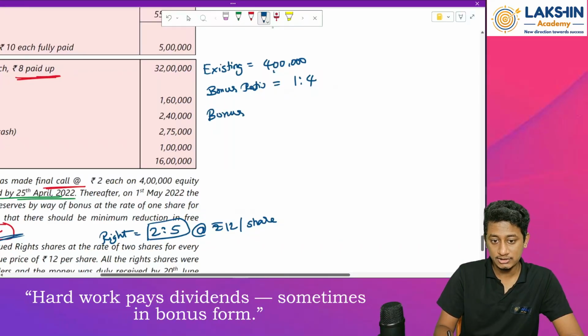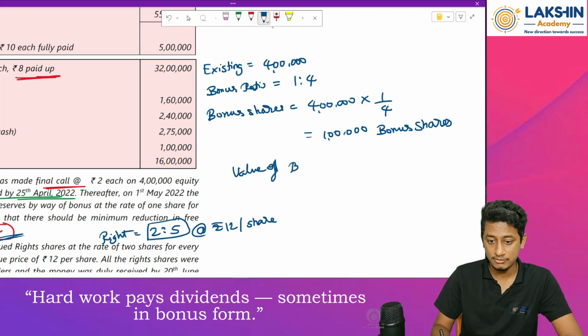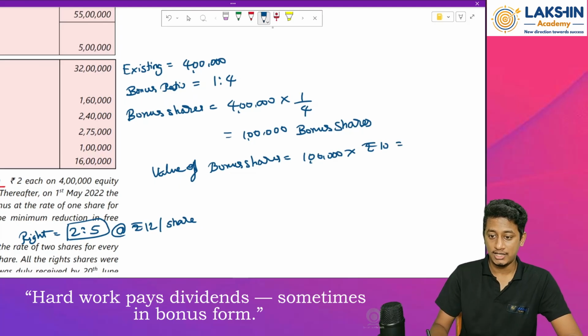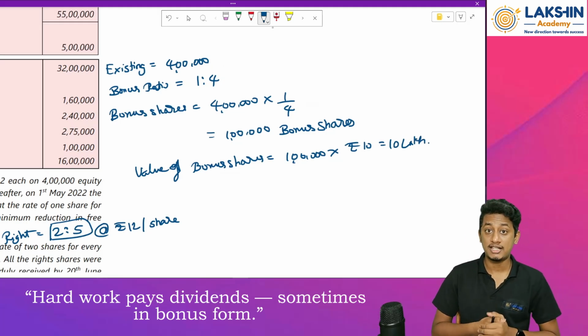So bonus shares equals 4 lakh into 1 by 4, that is 1 lakh bonus shares. Value of bonus shares will be 1 lakh bonus shares into rupees 10, which equals 10 lakh. So 10 lakh worth of money is required towards bonus shares.